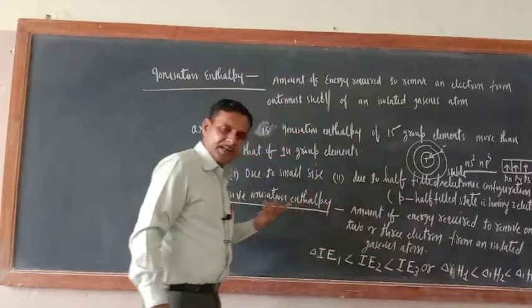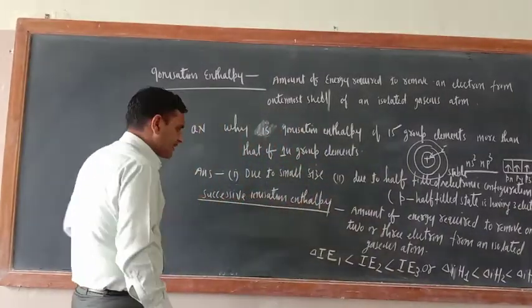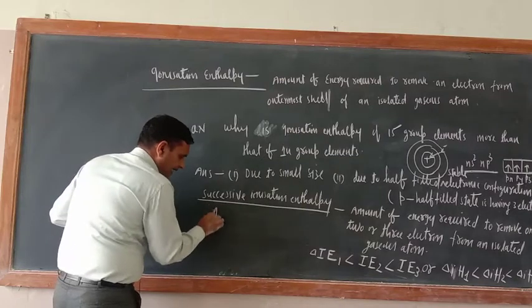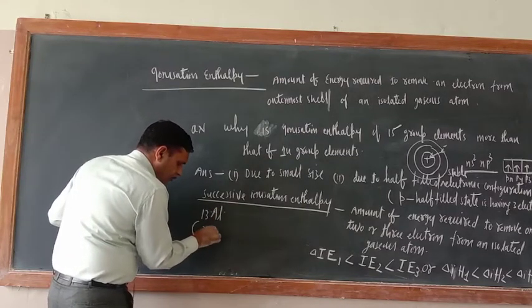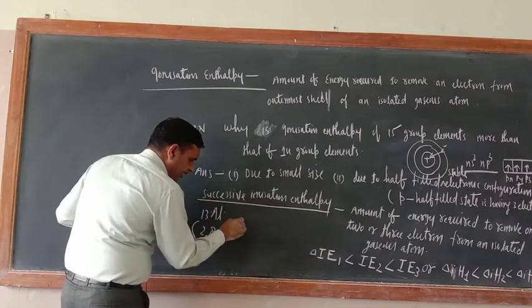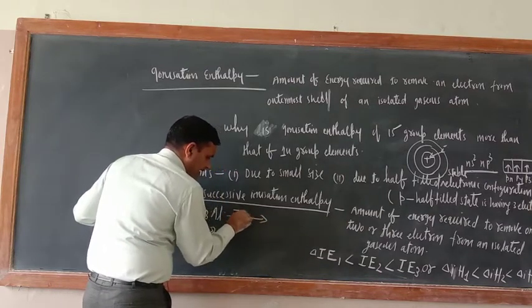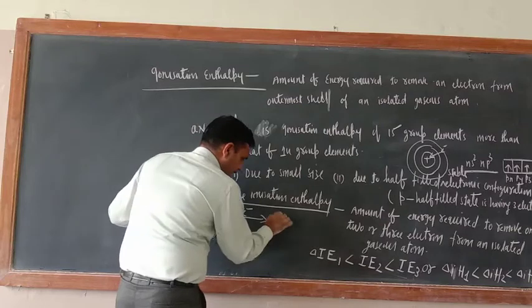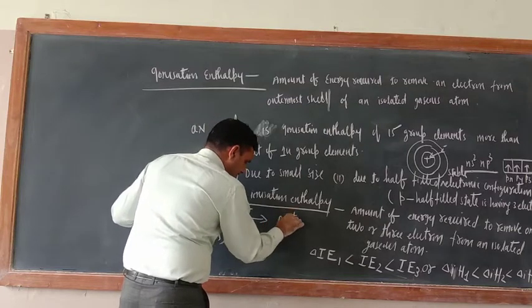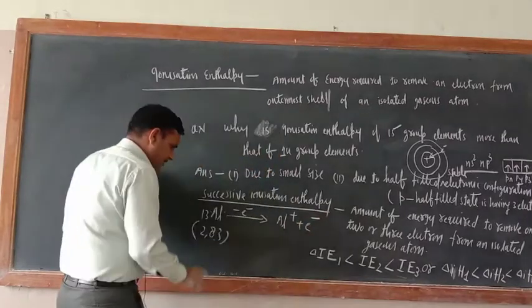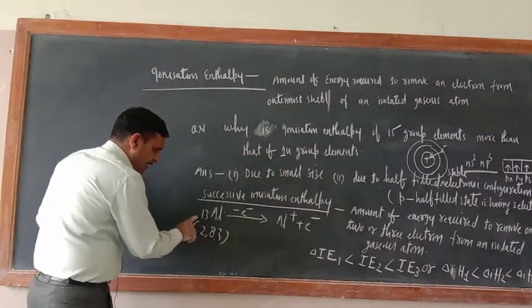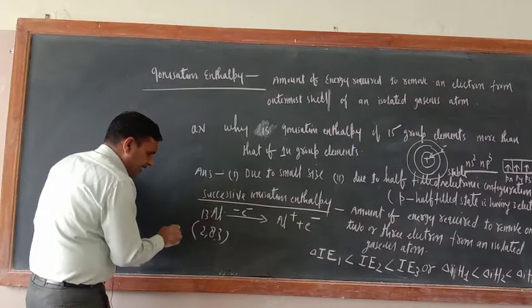Can anyone explain why this order is there? Just see here. Suppose I took one atom, aluminium. Aluminium is 13, or not? 2, 8, 3. Remove one electron, minus 1 e. So now what would be there? Aluminium single positive plus 1 electron. In this case, how many electrons are there?